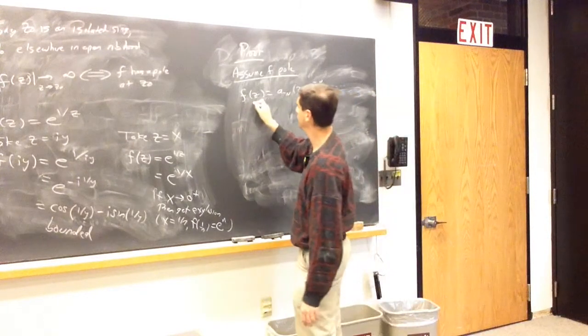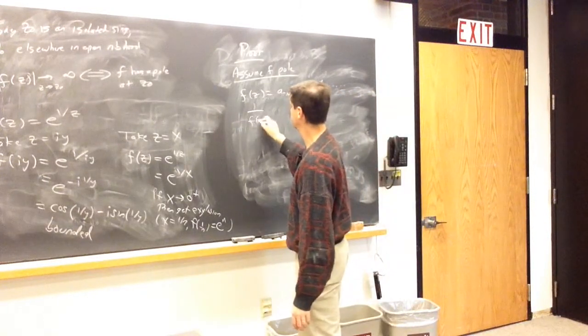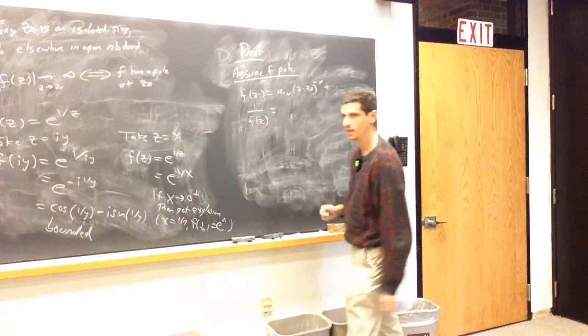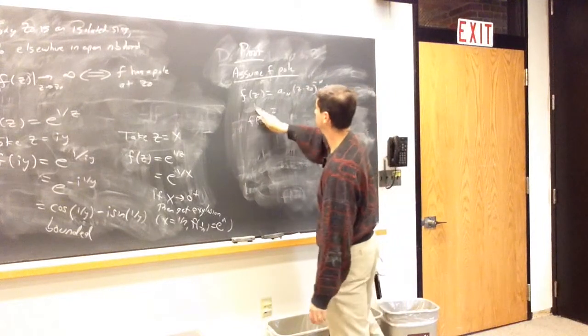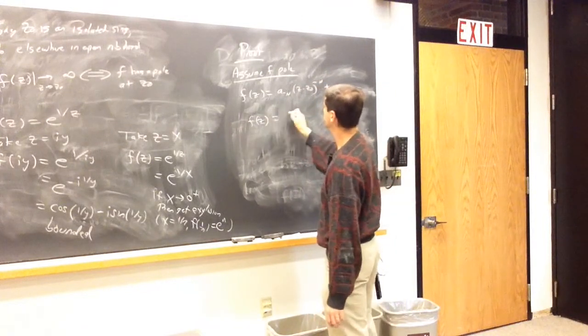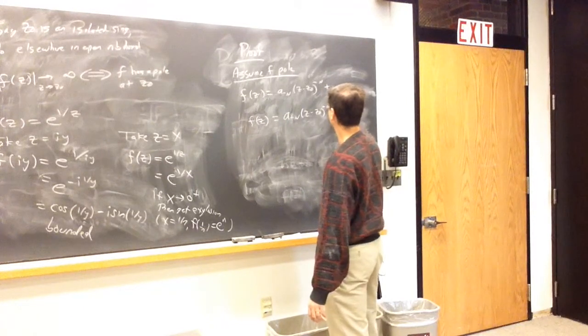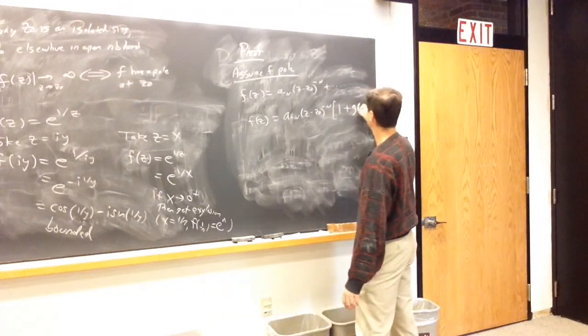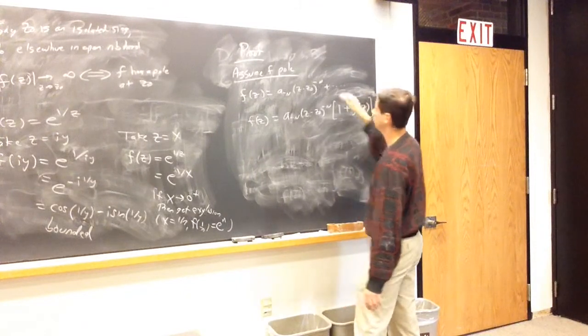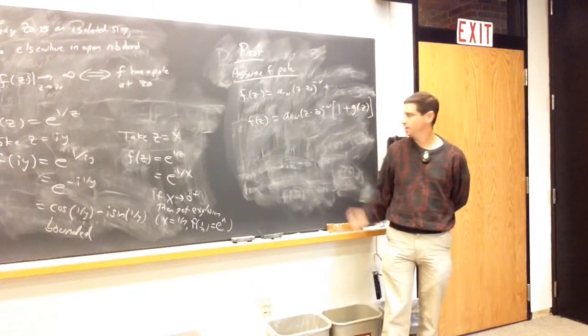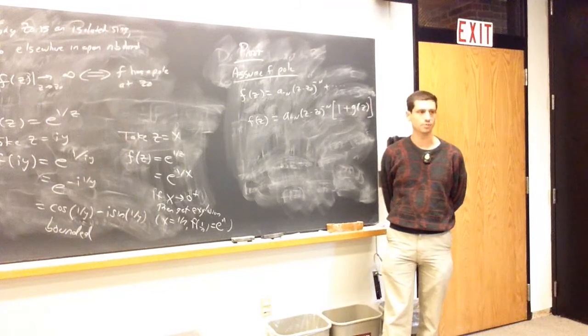Or conversely, 1 over f of z. I'll do it slowly. f of z is equal to a to the minus n, z minus z naught to the minus n, and you can write it as 1 plus g of z. We just factor out the z minus z naught. Everything else is then going to be walking upwards.